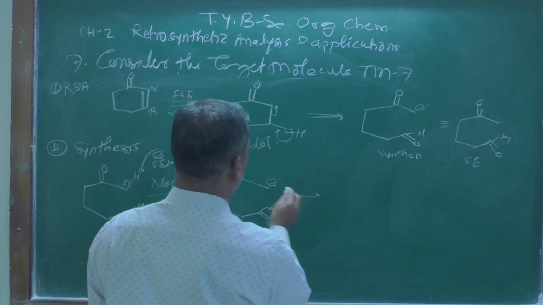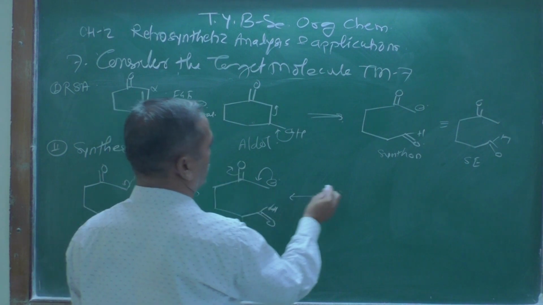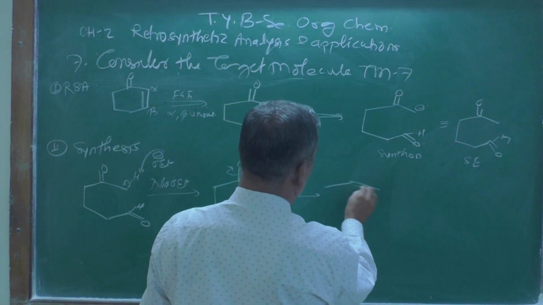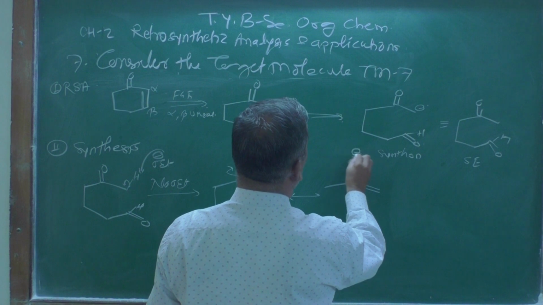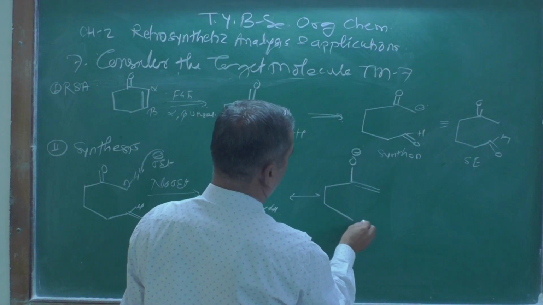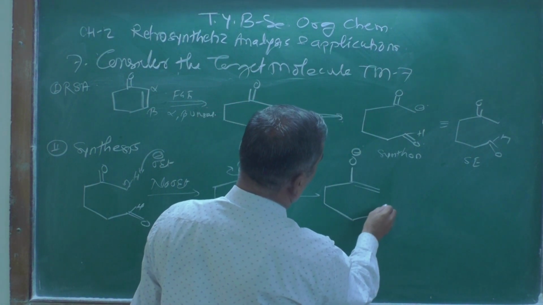Now this can be shown like this, so that you will get a double bond over here, O minus, and that type of species, as we know, is an enolate, right?